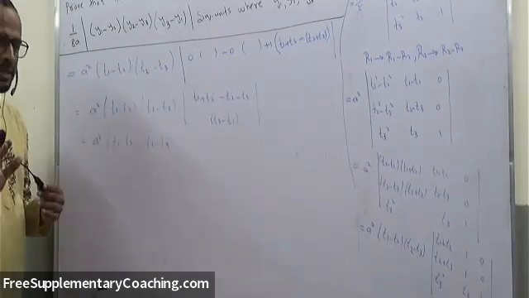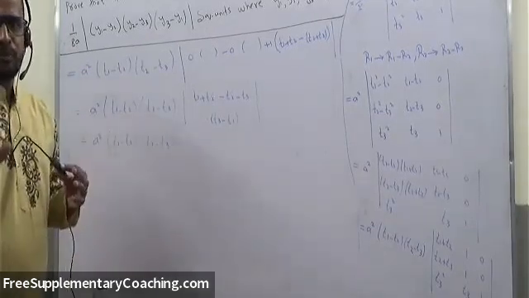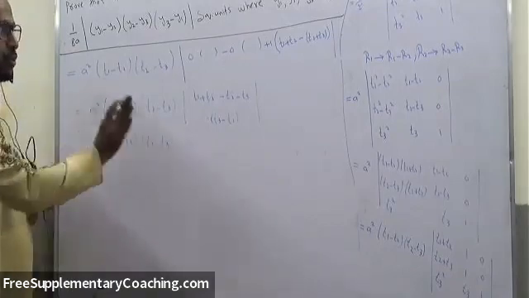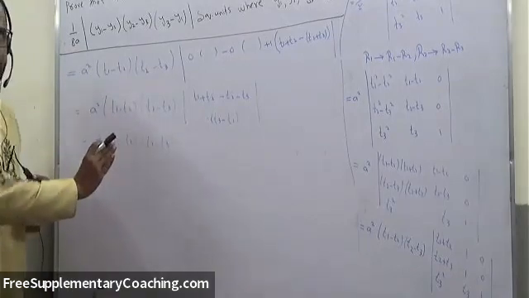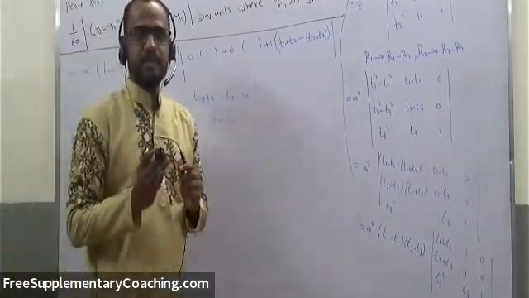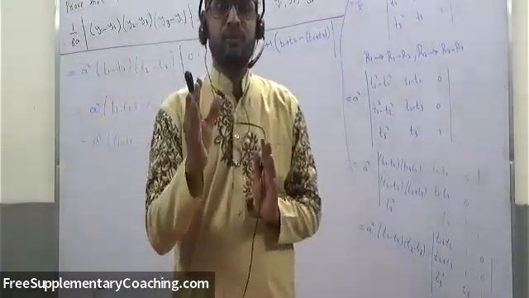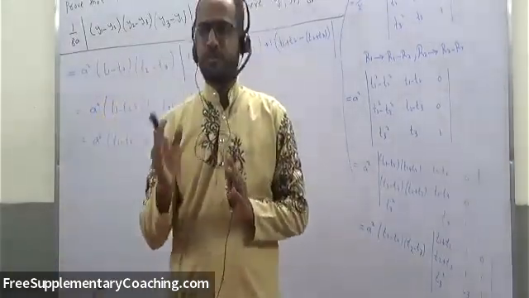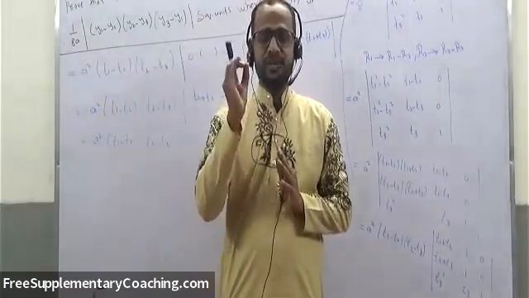See here, we are dealing with the most important problem of the parabola. Before the solution of this problem, we have completed the derivation of the standard form of a parabola. Don't forget that. Very, very important.